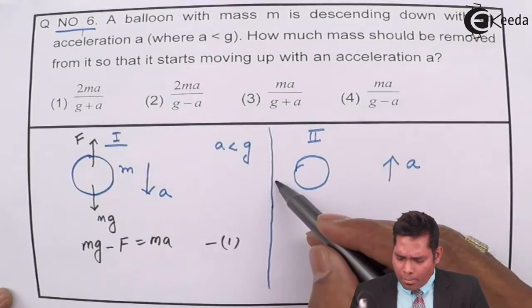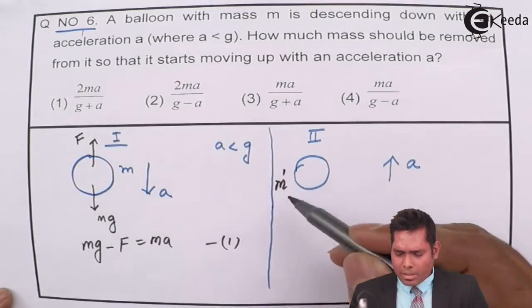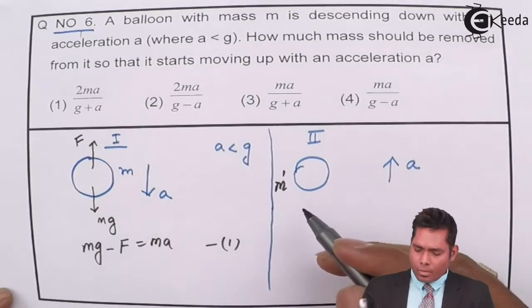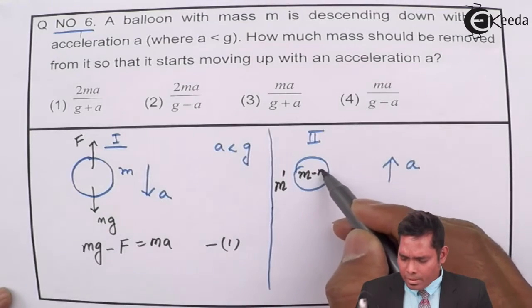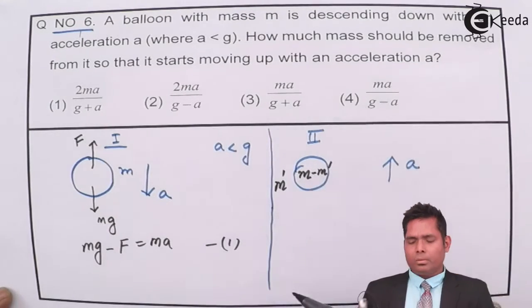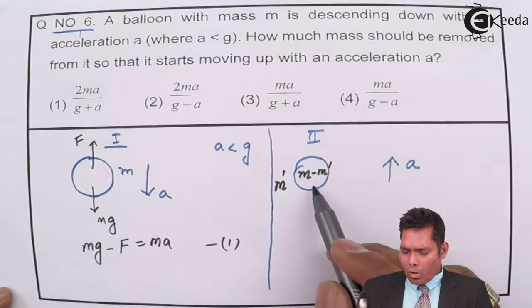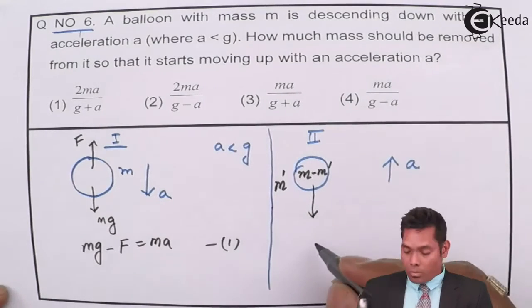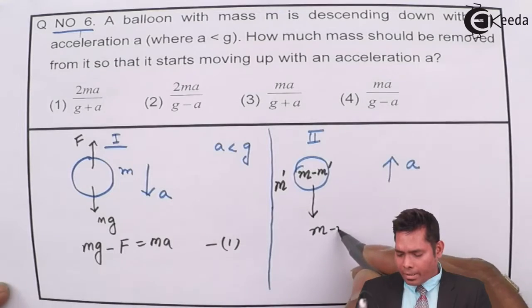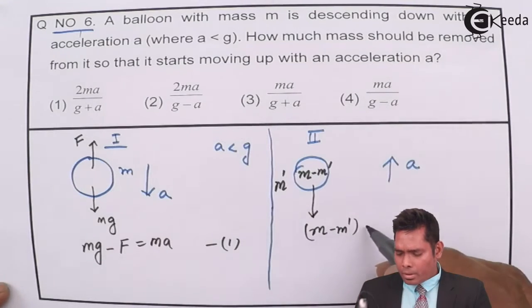Suppose m dash is the mass that is removed. So what is the mass left now is m minus m dash. This is the mass of the balloon. If I draw a force diagram, the gravitational force acting downward will be m minus m prime g.